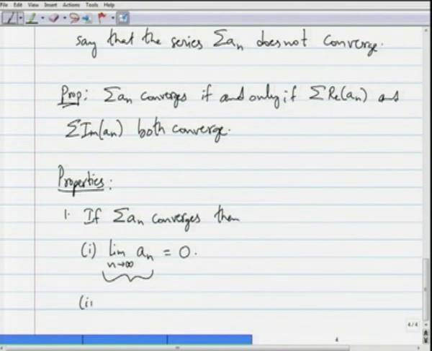And the second of these is that there is a real number m, or even further, a positive real number m.